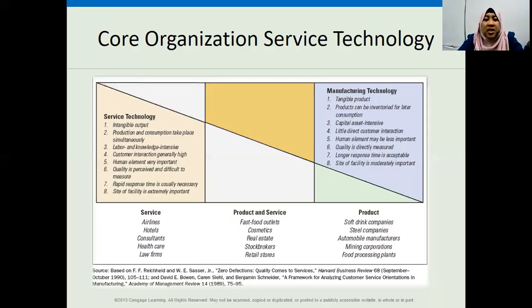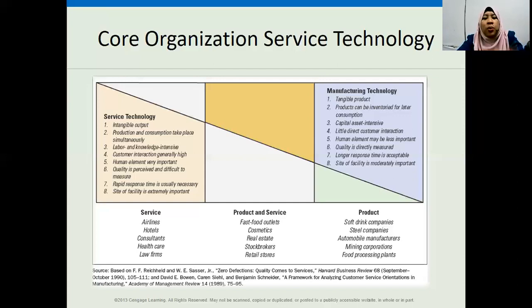And then capital asset intensive, of course we have machinery. We see the machinery, we can see what technology is being used. Then innovation, and little direct customer interaction because you 100% go for the manufacturing line, assembly line. Human element may be less important.